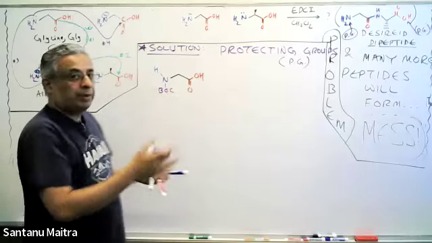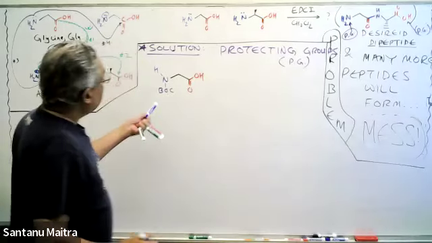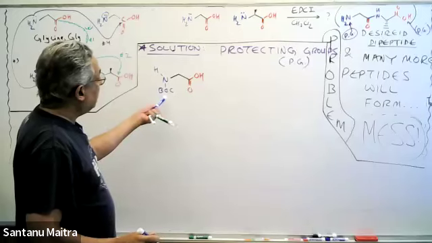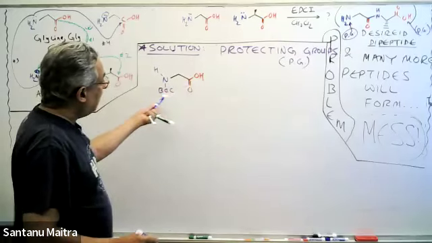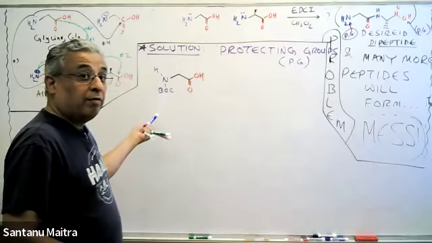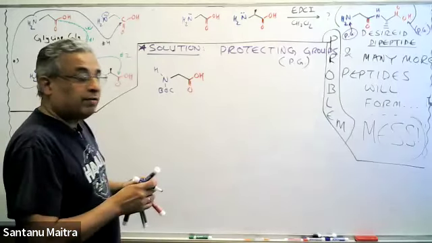I'll show you what BOC stands for. It can be tricky because this is an acid, so this guy can itself take the BOC off. So you have to run the reaction very carefully.